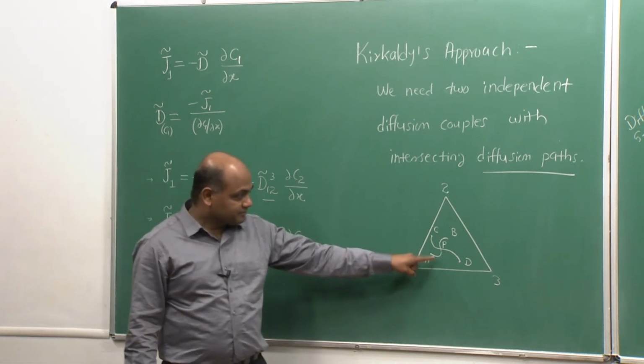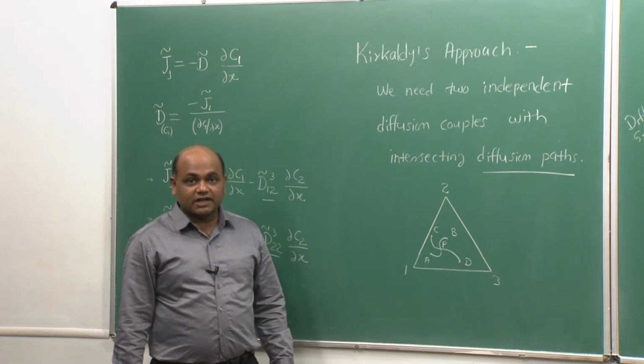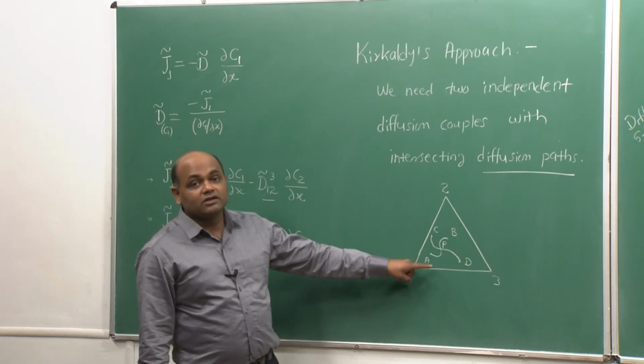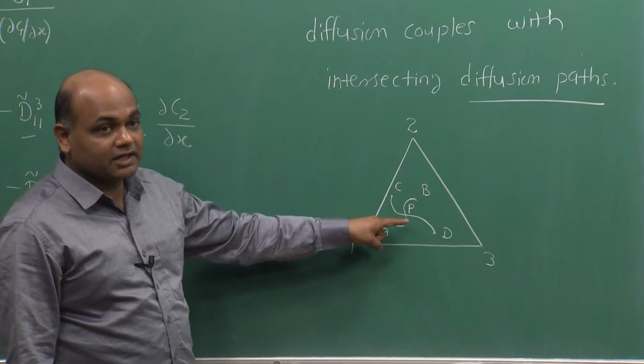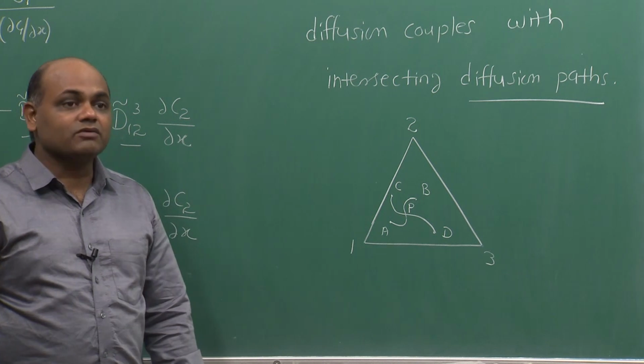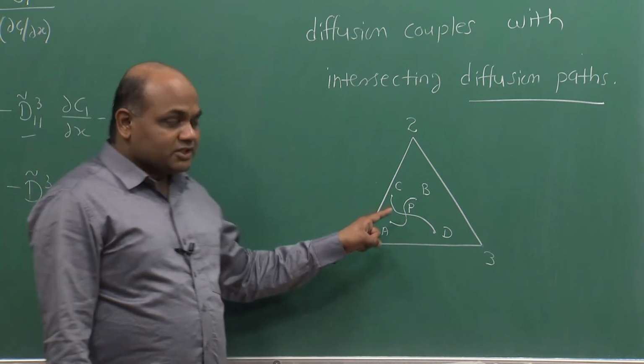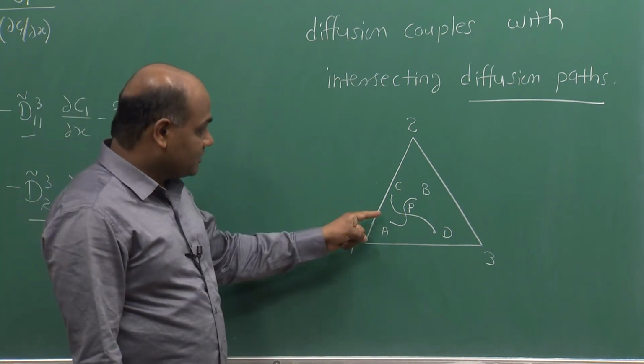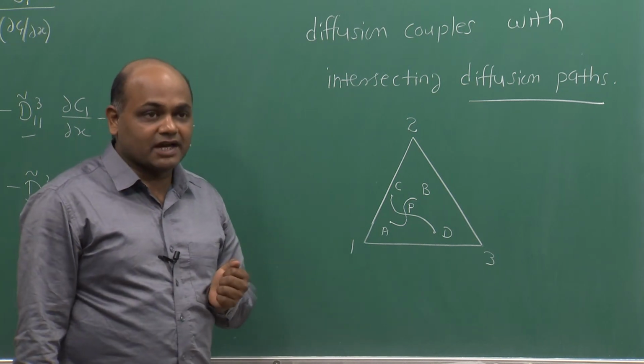In order to get interdiffusion coefficients at different compositions, we need to prepare such intersecting path diffusion couples and get the values. Now, it is not possible to predict the diffusion path exactly.